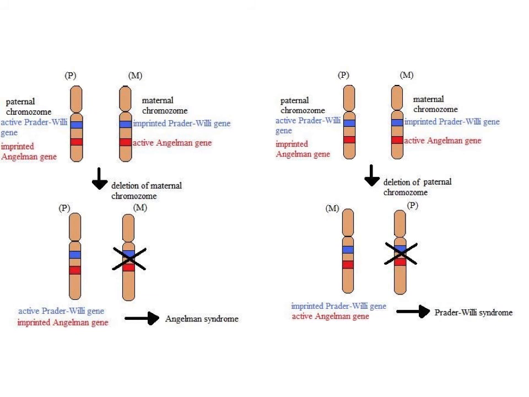So in a regular condition, you have a normal chromosome from your father and a normal chromosome from your mother. You have the gene product from your paternal one that is necessary so you don't have Prader-Willi syndrome. You have the gene product from your maternally inherited chromosome, which has the active Angelman gene, and so you're producing both of those products. They're just coming from different chromosomes, right?